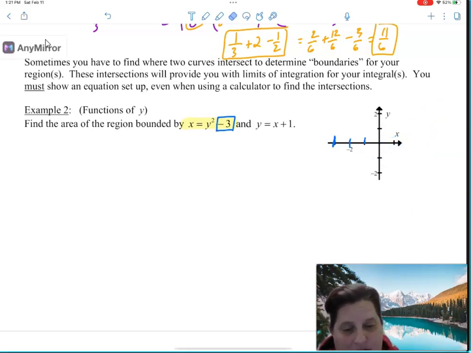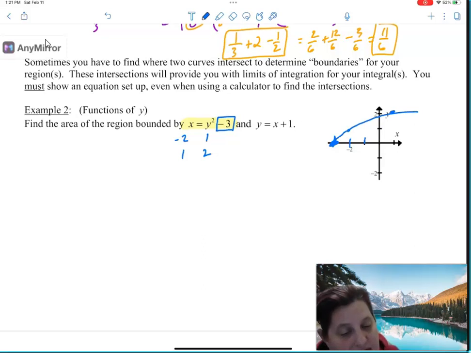So it's good to know how to graph this stuff. You could also plot some points. Like you could say, if y is 0, x is negative 3, so that's the point negative 3, 0. If y is 1, x is negative 2. And if y is 2, x is 1.